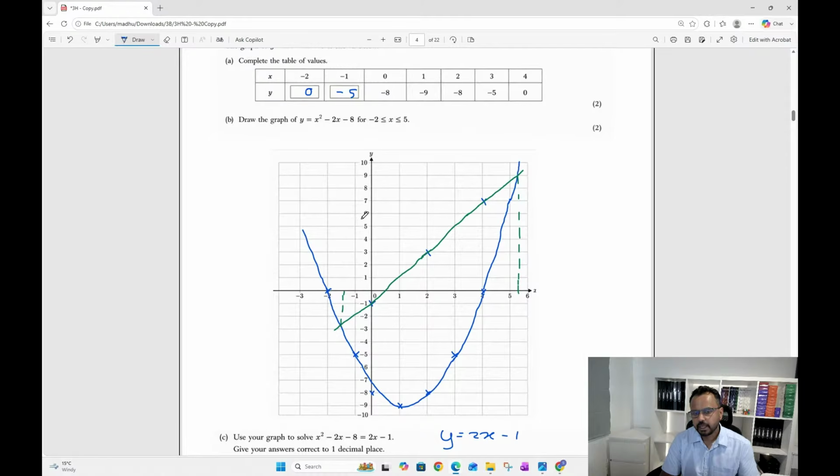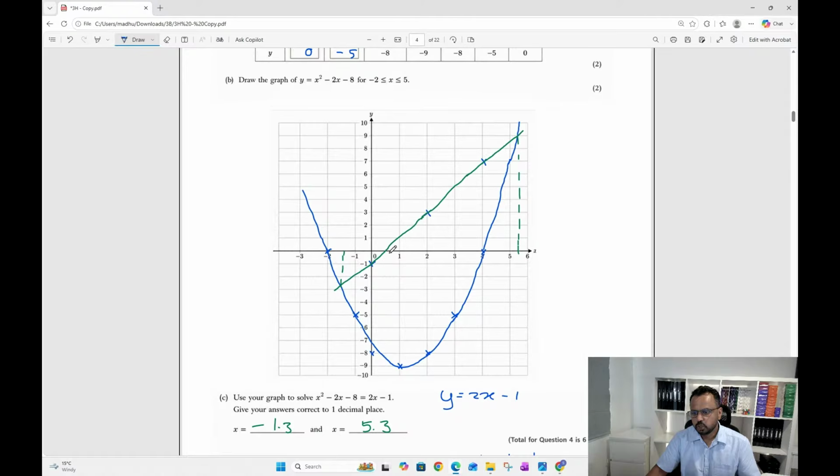Now, here's the slightly tricky part, guys. Just pay attention to the question. Use your graph to solve x squared minus 2x minus 8 equals this. Now, we already know y is equal to x squared minus 2x minus 8.